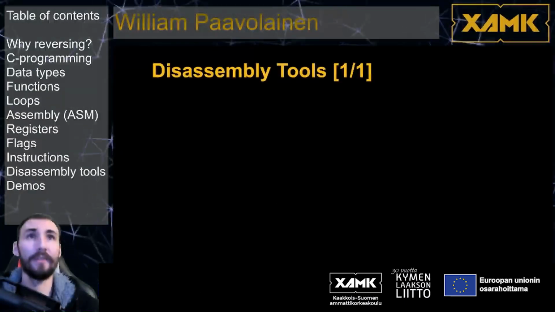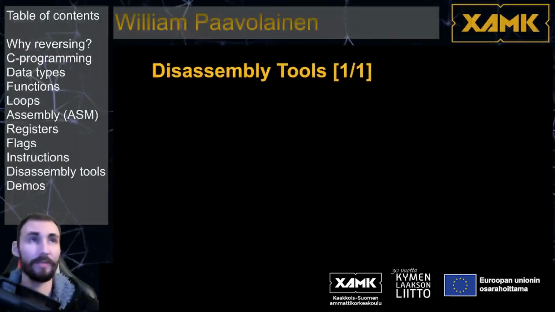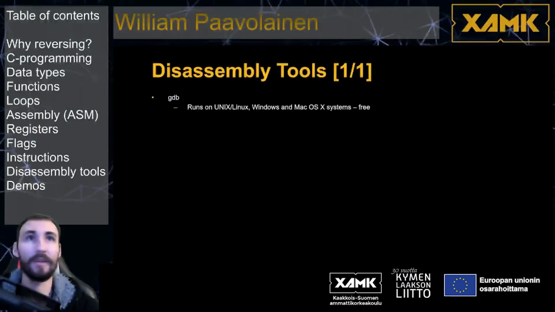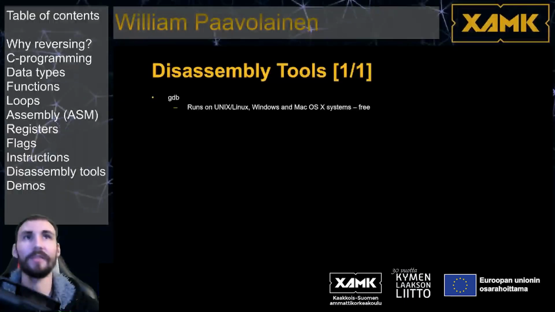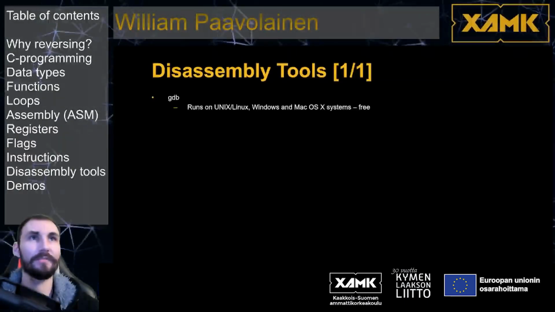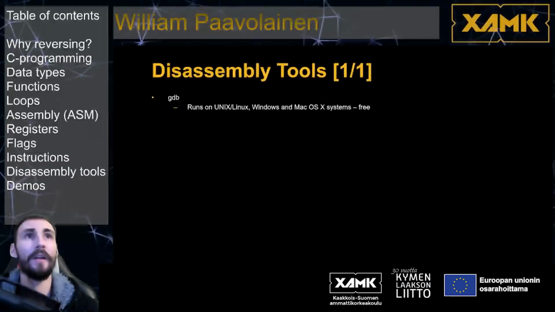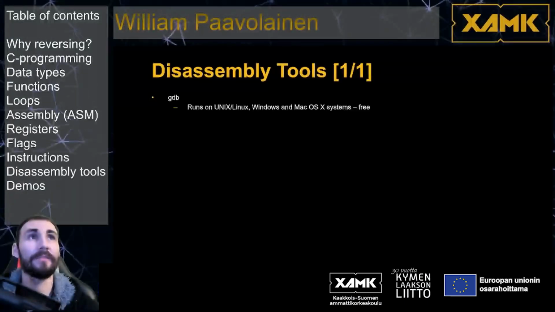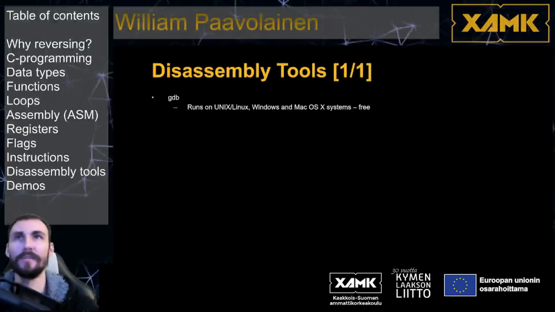Next up, let's look at a bit of the disassembly tools we have. We have GDB, which runs on Linux, Unix systems in general, Windows and Mac OS X as well. It doesn't cost anything, it's free of charge.